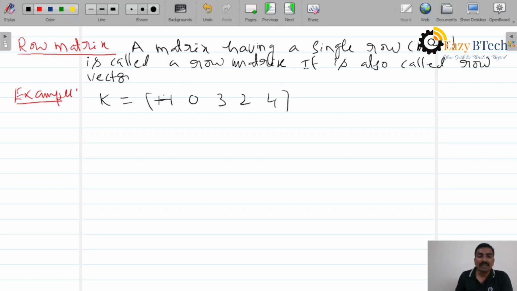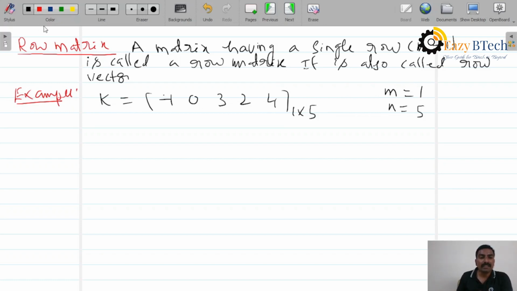If you observe, there is only a single row, therefore m equals 1. Columns: -1 is one column, 0 one column, 3 one column, 2 one column, 4 one column. There are a total of 5 columns, therefore n equals 5 and the order is 1 by 5. In this matrix there is a single row, therefore this is called a row matrix.